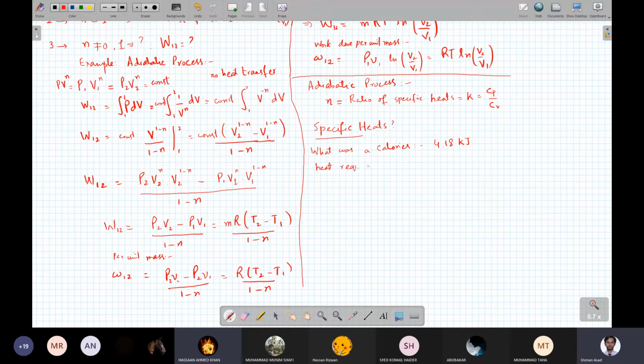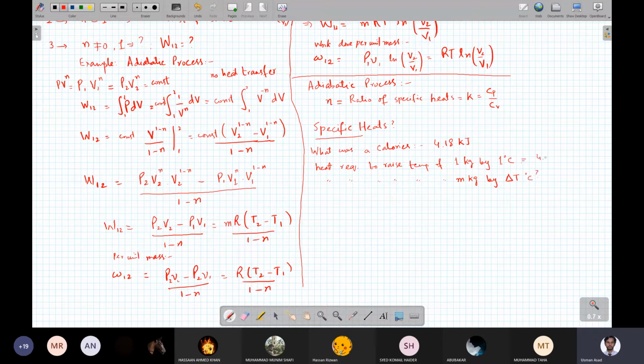Okay, so this is like heat required to raise temperature of 1 kilogram by 1 degree. But the question is, okay, then what would be the heat required to raise temperature of, let's say, m kilograms by, instead of 1 degree, by delta T degrees?